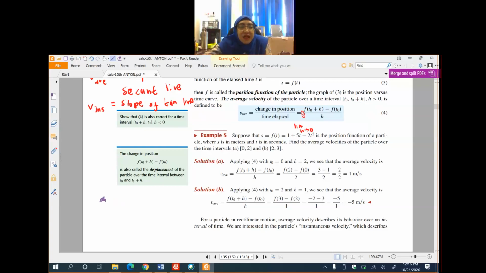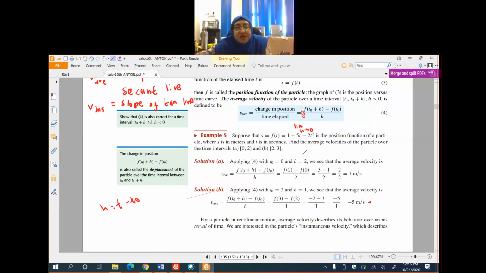You know that h is equal to t minus t naught, or x minus x naught before, when you used x. But when we are dealing with velocity, the variable is t instead of x. So here h is t minus t naught. Our t naught is equal to 0, our t is equal to 2, so that's why our h is 2.